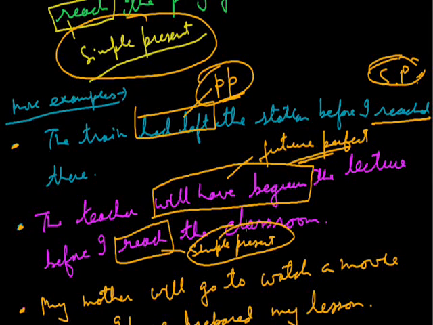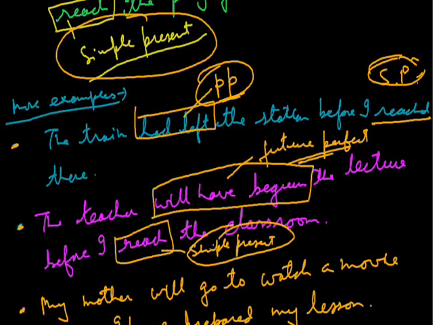This means we have used a simple present tense and a future perfect tense. This shows that by the time I reach the classroom, the teacher, what he would have done? He will have begun the lecture. That means the lecture will have already begun or will begin by the time I reach the classroom.